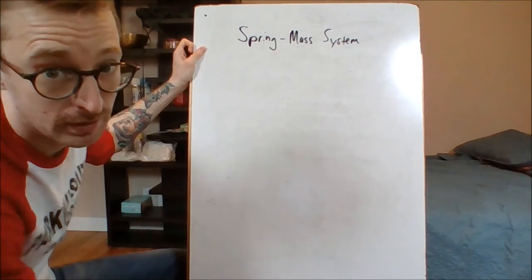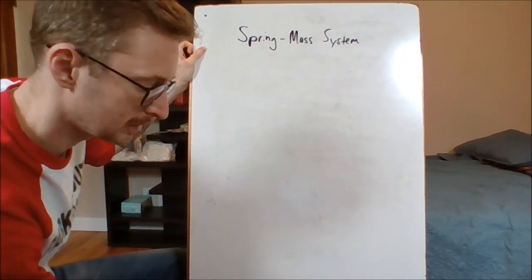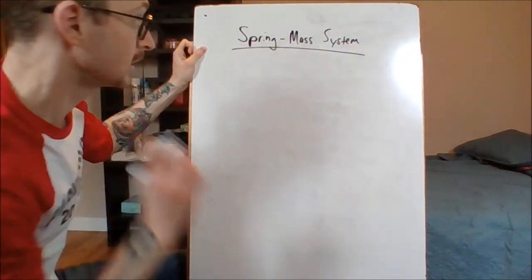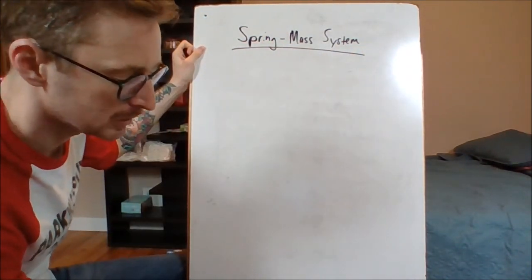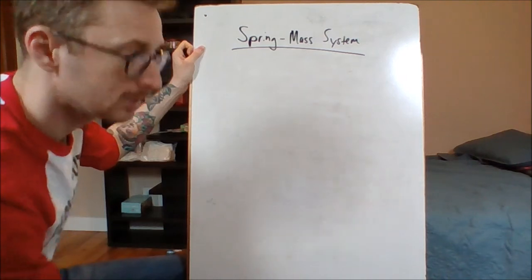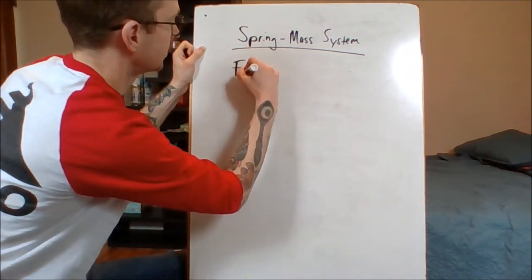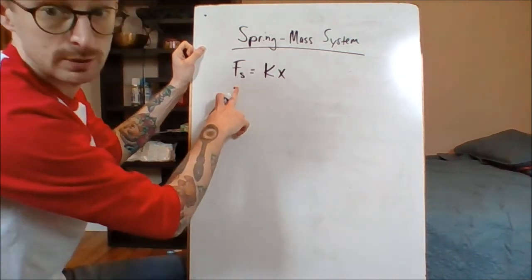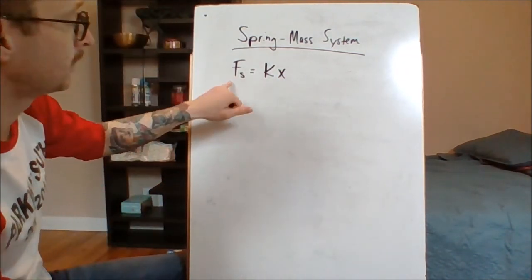I'm just trying to give you another little review of it because that's what I would have done if I could see you in person. In the spring mass system, the restoring force is the spring force. So we have the force of the spring equals kx. Force of the spring is measured in newtons.